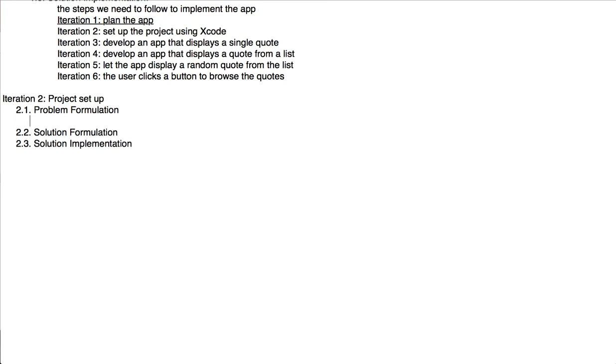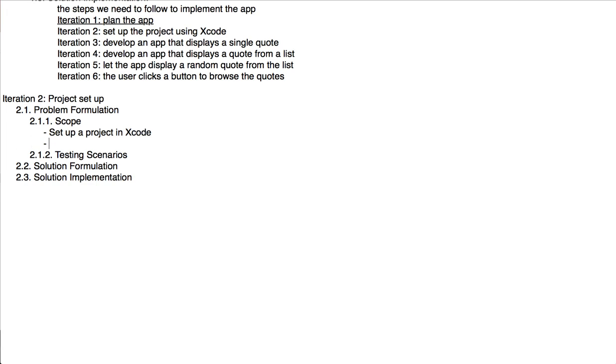In the problem formulation, we define the scope and the testing scenarios. So in the scope of this app, we need to set up a project in Xcode and set up what we call source control.